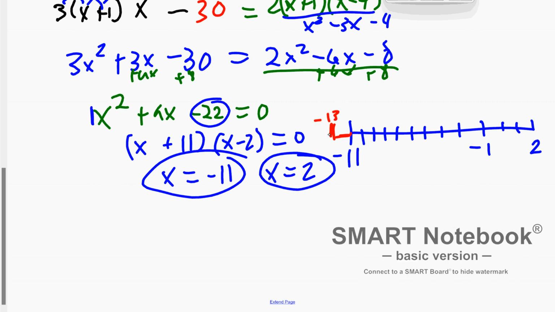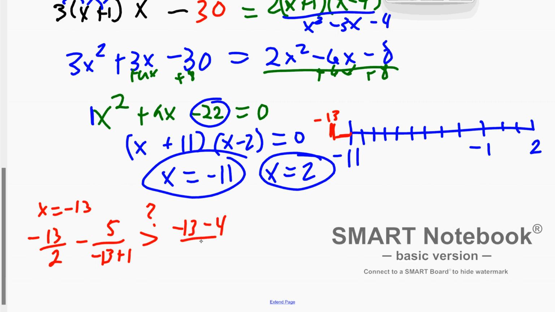So I want to plug -13 into this original equation. So it's x over 2 minus 5 over x plus 1 is greater than, this is what we're testing, so we're trying to figure out if that's true, x minus 4 over 3.